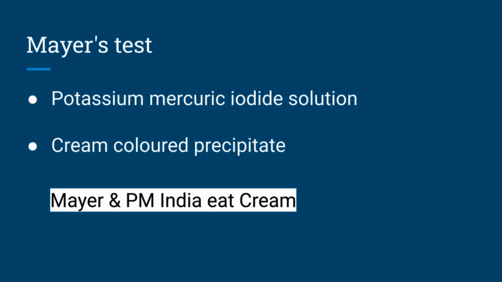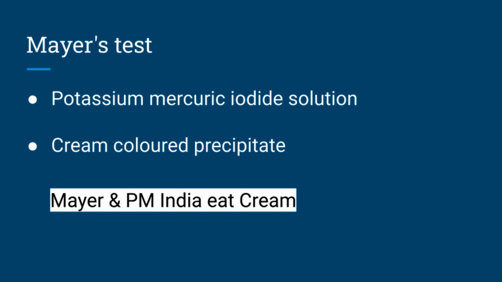Let's start with Mayer's test. Generally, the chemical nature of the reagent is asked in competitive exams. The reagent used for Mayer's test is potassium mercuric iodide solution.